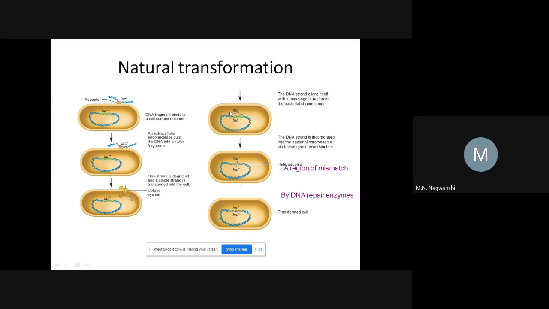Therefore, at the same position, the lac positive DNA was incorporated. But when this lac DNA is not matching with any genes present in the bacterial chromosome, then this foreign DNA is incorporated anywhere in the chromosome, not at a particular site.